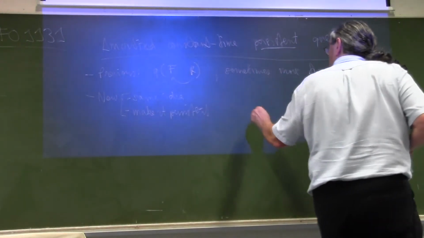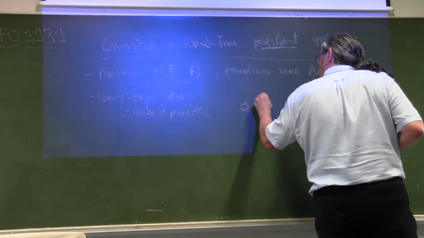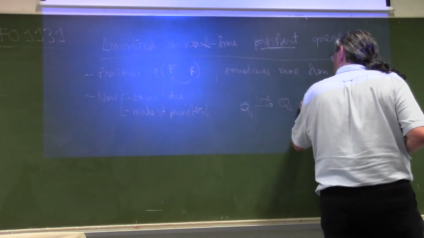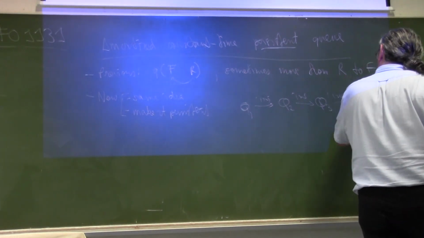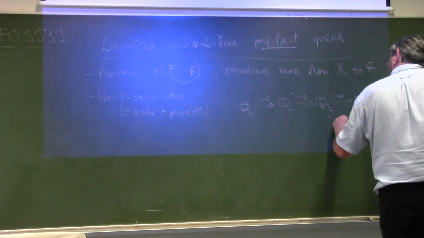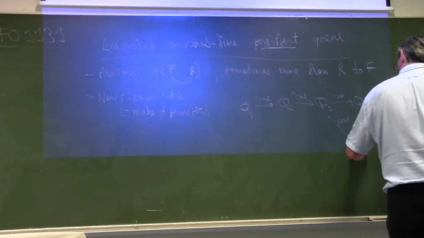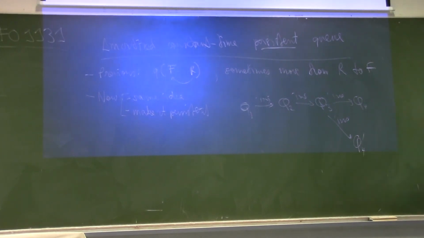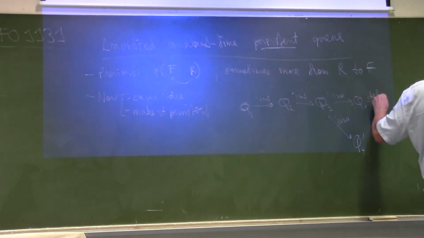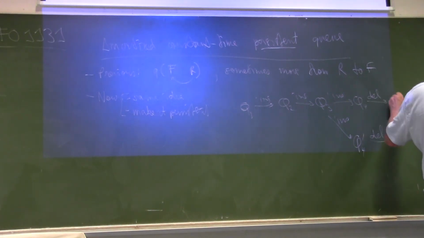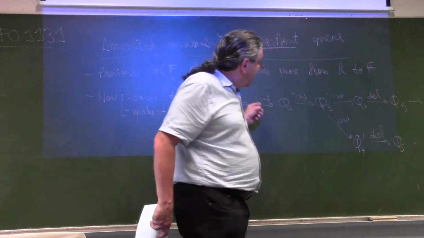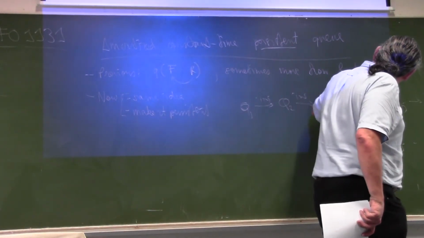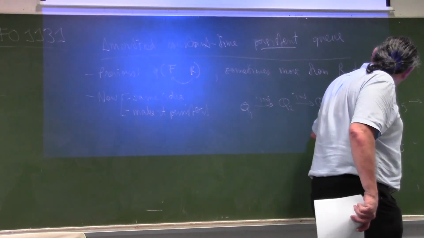So let me show you an example. Let's say I have a Q, I do an insert, Q1, I do insert, Q3, I do insert, Q4. Let's say I do another insert here. This is Q4 prime. Now I have two versions. And now I do delete, Q5, and so on. In the previous case, I had to do a reverse here, and I had to do a reverse here.